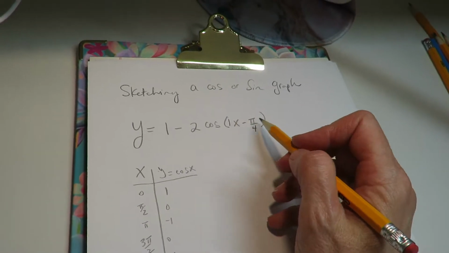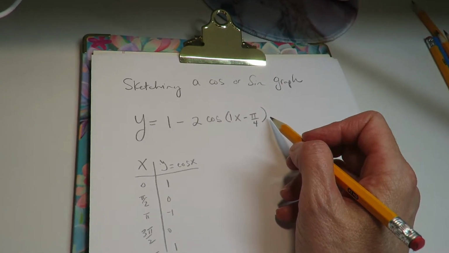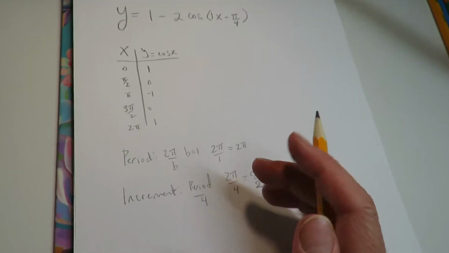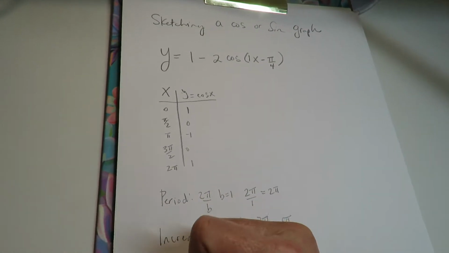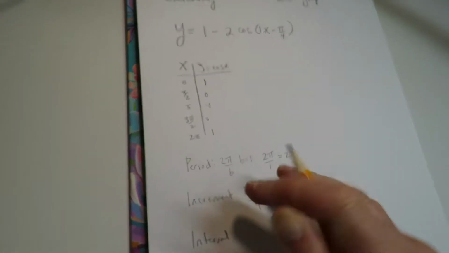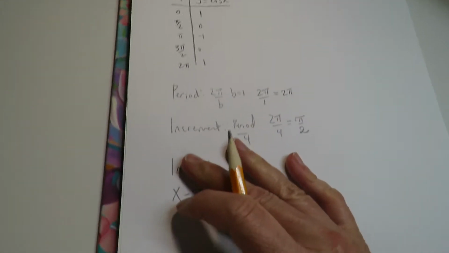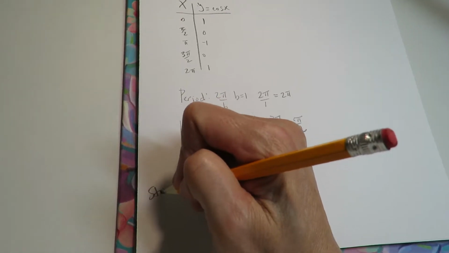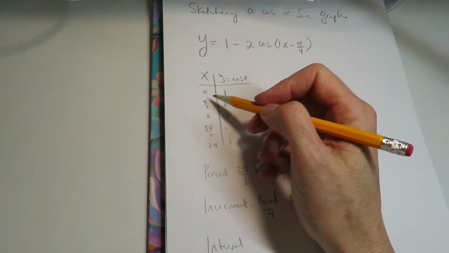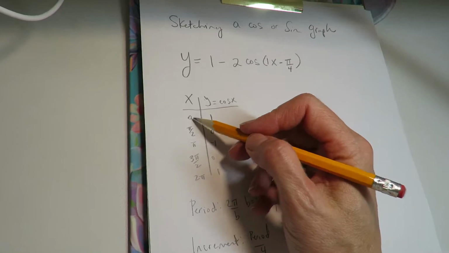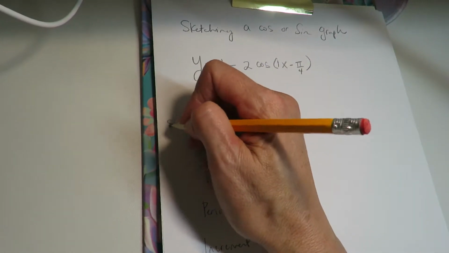Okay, this has a phase shift. It's pushed pi over 4 to the right. I'm going to write that down as interval, but it's also called a phase shift. Okay, so usually we would start at 0. That was our old start.